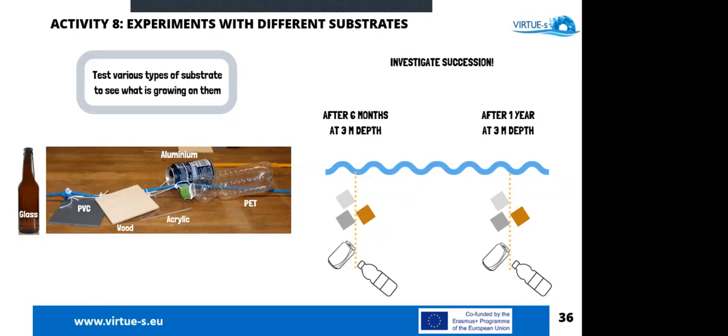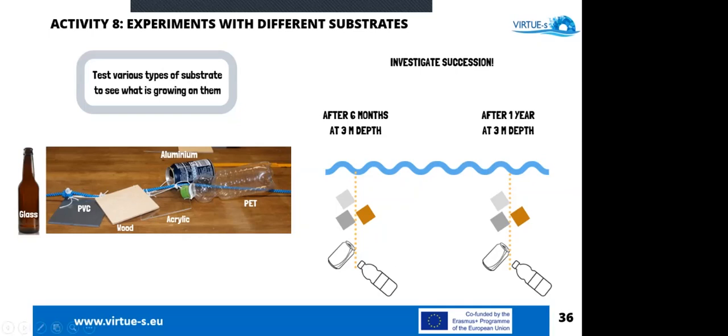This rack was built with different items, for instance, PVC, aluminum, acrylic, and plastic bottles. In this experiment, the aim was to compare the biofouling on different substrates after 6 months and after 1 year in the water.